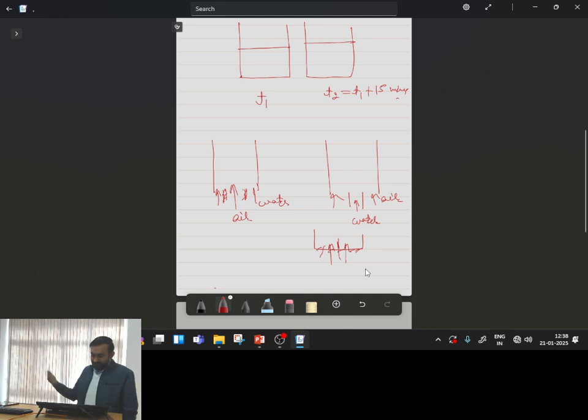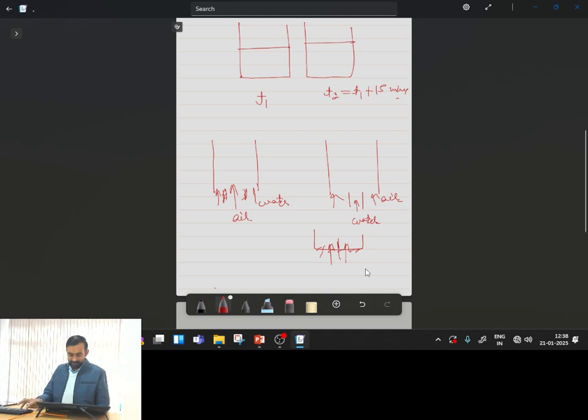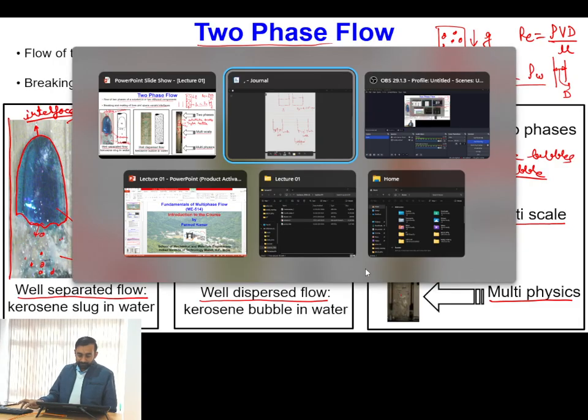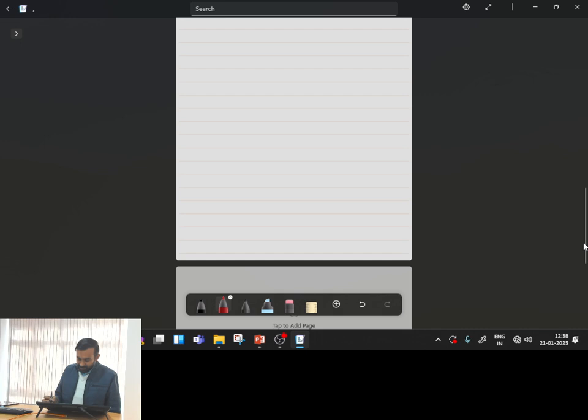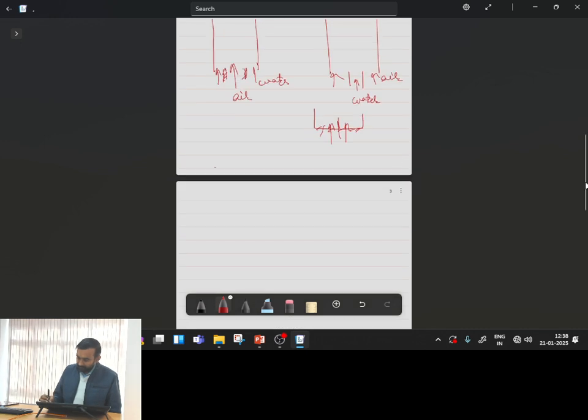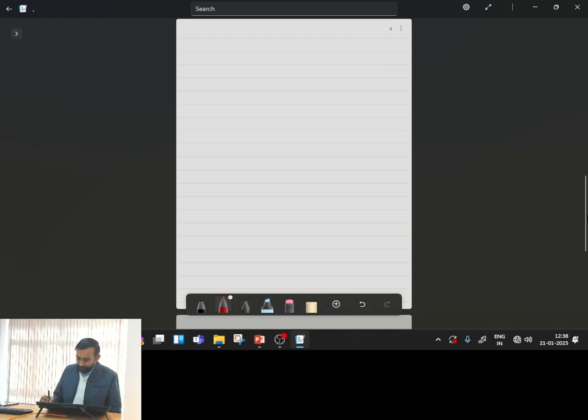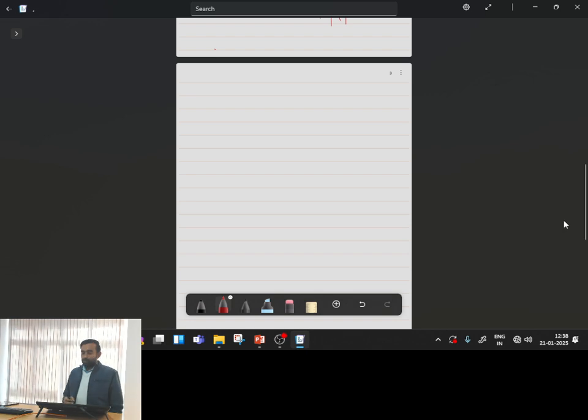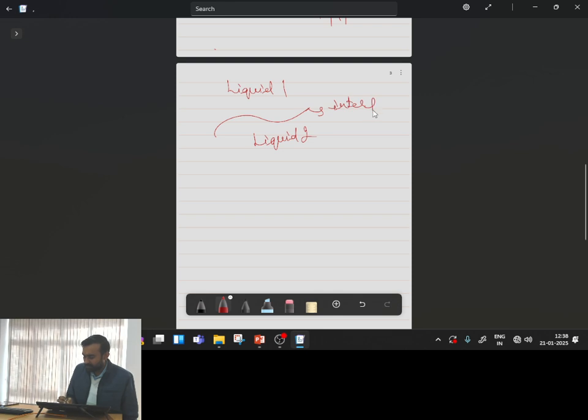So we will be categorizing these different flow regimes to demarcate between the different types of occurrences of the two fluids. Now, one important point to note. I told you that if I have, say, liquid 1 and liquid 2, then the boundary between these two is called the interface.